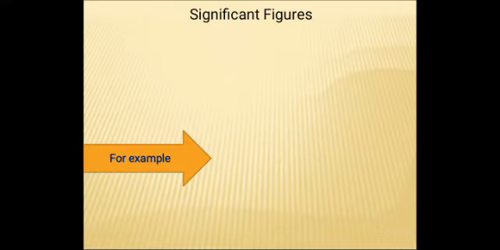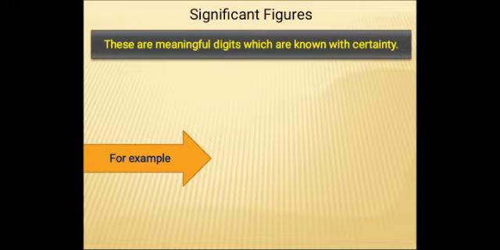So let's first discuss what a significant figure is. These are the meaningful digits which are known with certainty. Again I am repeating, dear students, these are the meaningful digits which are known with certainty. There are some uncertain values also, and some certain values also. Suppose I take 2.321 and so on, this is a number.